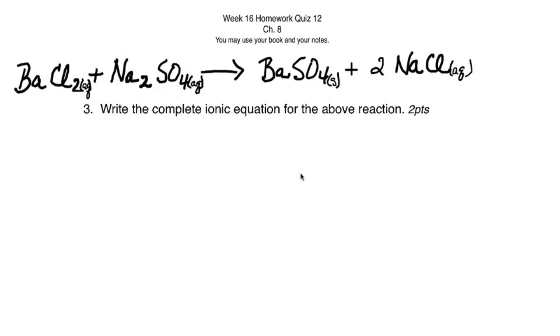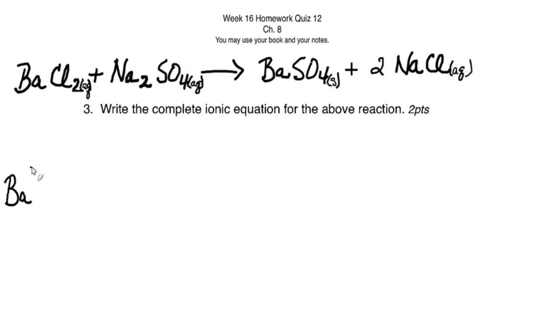Okay, question number 3 says write the complete ionic equation for the above reaction. So, in order to do that, we go back to the ions that we had earlier, and we write them as individual ions with their charges.